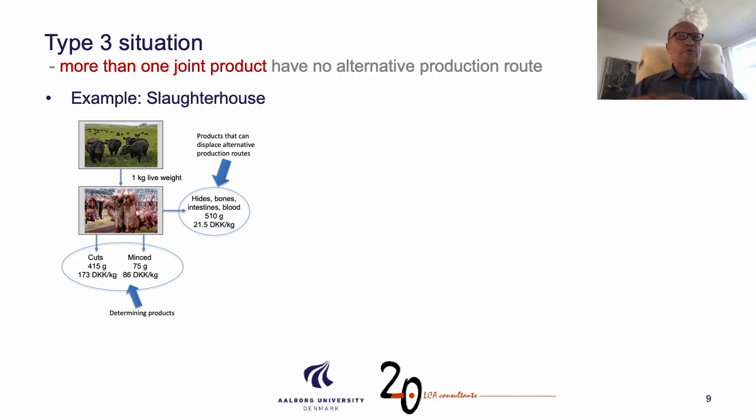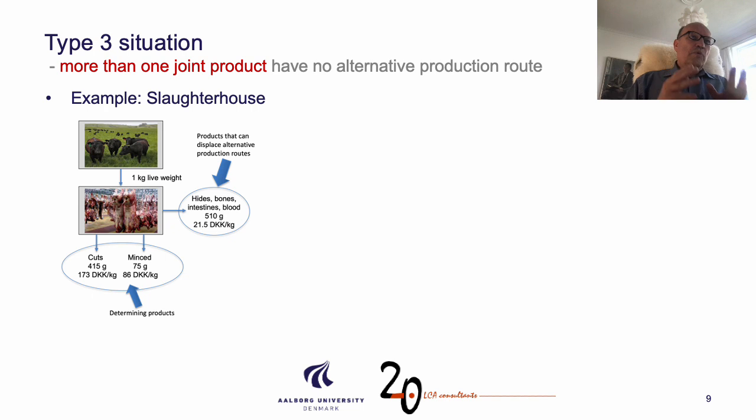Like hides go for leather, which has alternatives in the form of leather substitutes. Bones provide protein, intestines as well. Blood is also a protein product, and so on. There are alternatives for all of these at the margin.